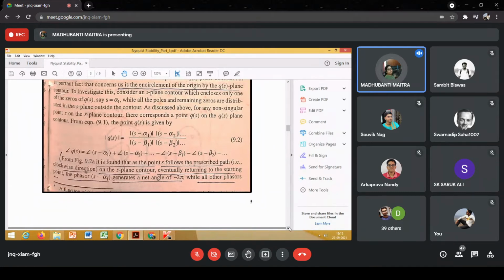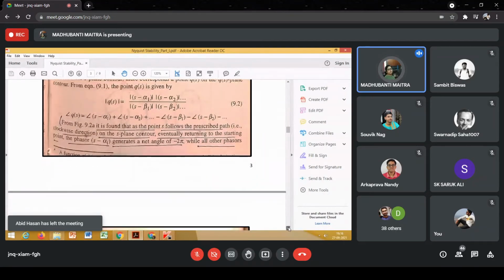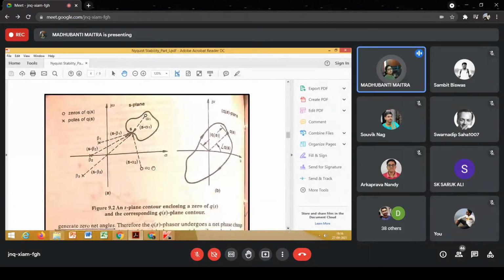Okay. So for this particular phasor, S minus beta 1, we have seen that delta angle of S minus beta 1 is 0, the net change in angle after traversing this closed contour completely. The net change in angle of this phasor is 0.